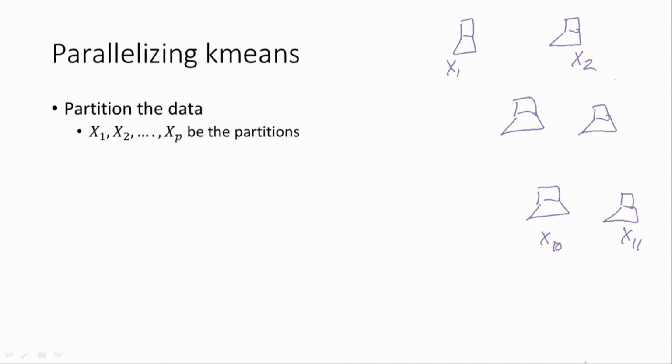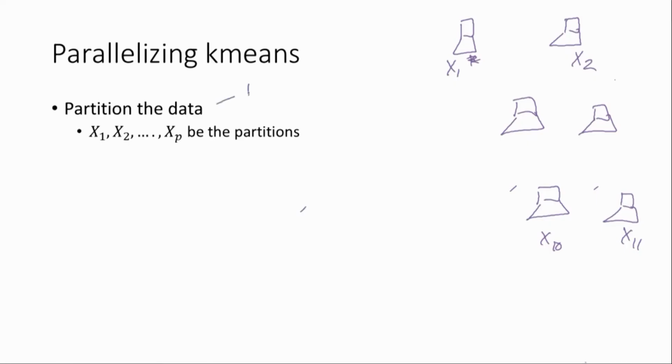Now what would you do? How many clusters? Some number, depending on your budget. How many clusters is also a parameter. Let's say overall you need to do some k clusters.